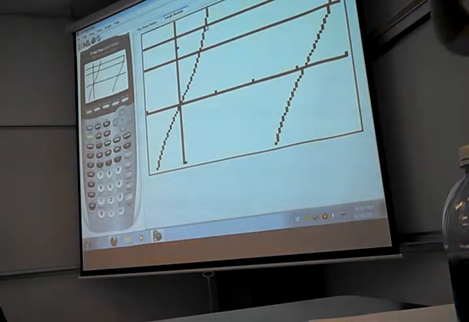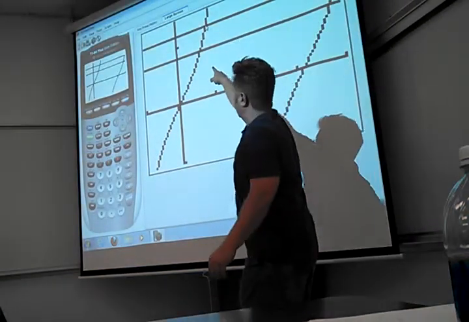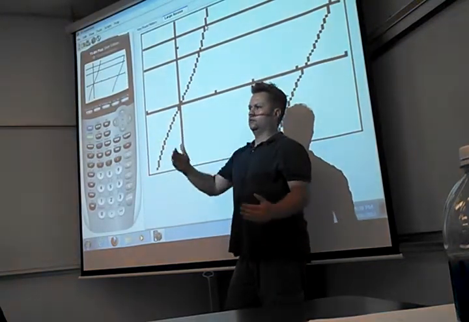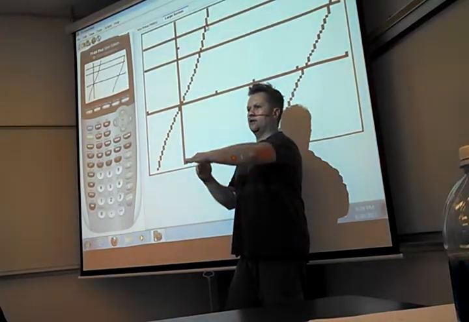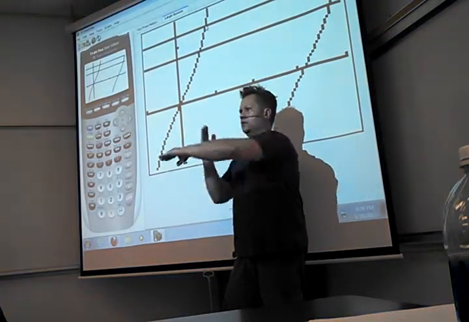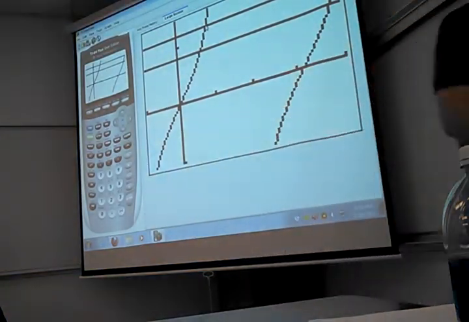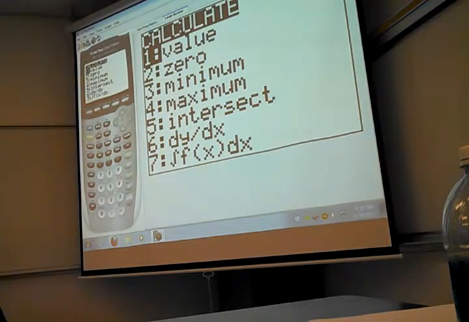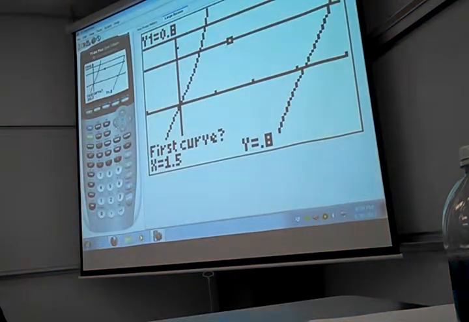It's almost too easy now. How do I find that lower x? This right there. How do I find that? Intersection. Right? I've plotted the constant function. I just find the intersection with the tangent. So if I go to second calc intersect, go over.